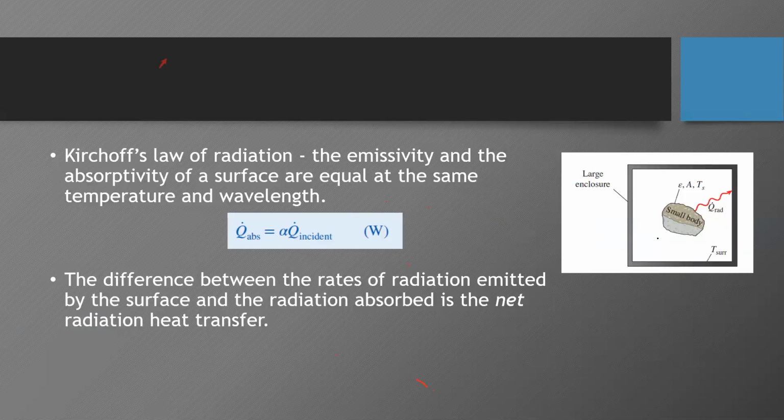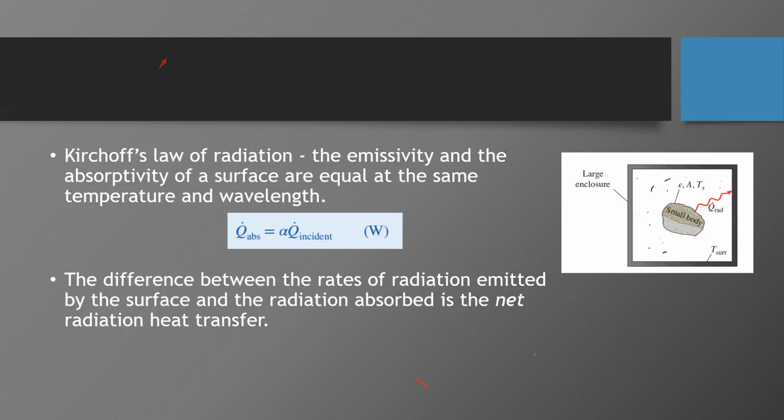Right. So this small body is radiating to the surrounding. The surrounding molecules are also going to radiate. So the net will tell which one has more heat intensity, or more heat is rejected.